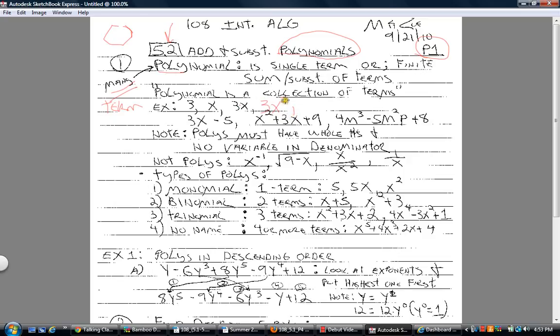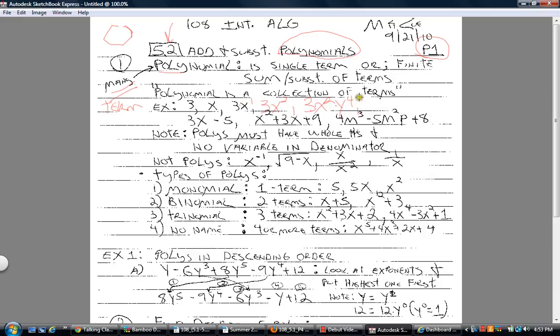Remember, x would be x to the first, so that's kind of equivalent, but we forget that that one is up there. How about another example? These are all terms. 3x squared y to the fourth could be another one. As long as there's multiplication going on between numbers and letters or variables, this defines what a single term is. Each of these are single terms.